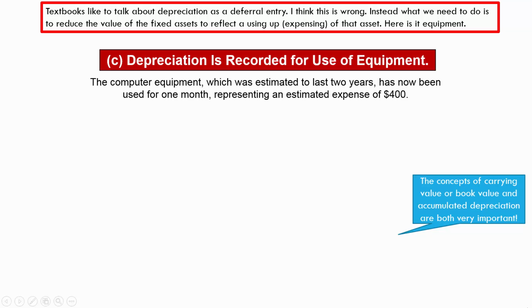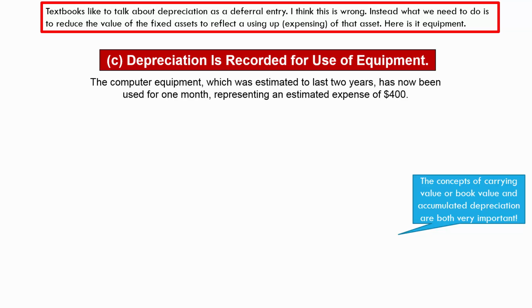Depreciation. Well, depreciation is often called a deferral entry, but as I say up here, I think it's really wrong to call it that because it's not really talking about whether cash comes in at this point in time or goes out at this point in time. Really what we're doing is we are expensing off an asset.